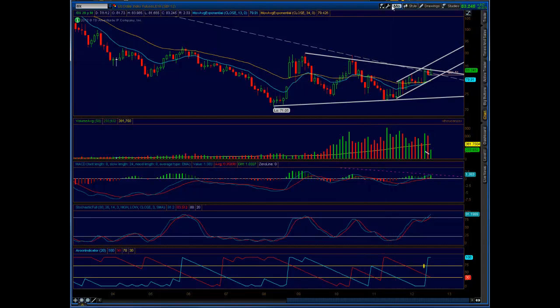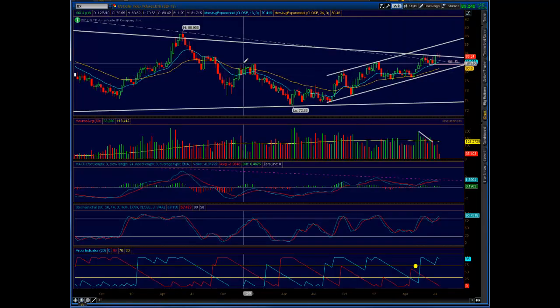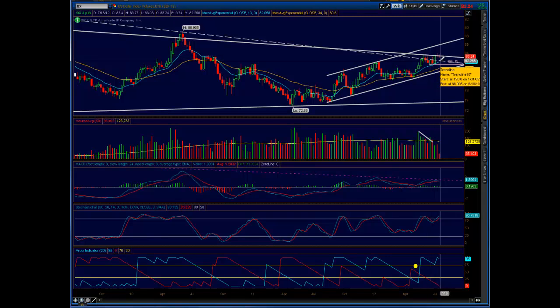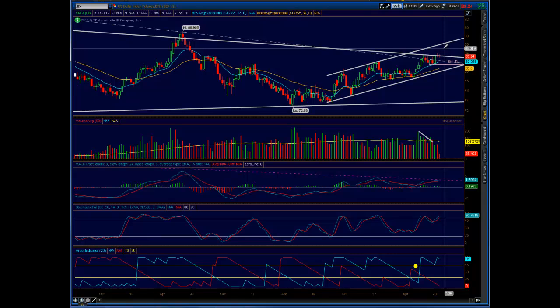Even if you go to a weekly chart, you can definitely see the decrease in volume, and you're starting to see the reversal, I guess, or it's actually faltering on the actual price levels.